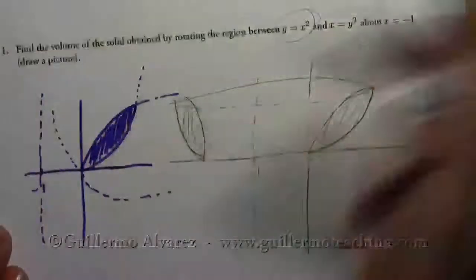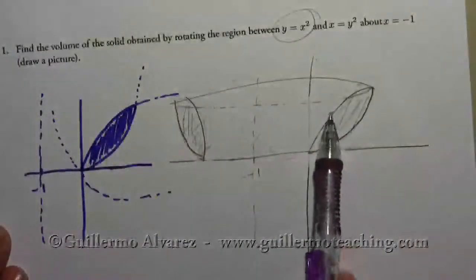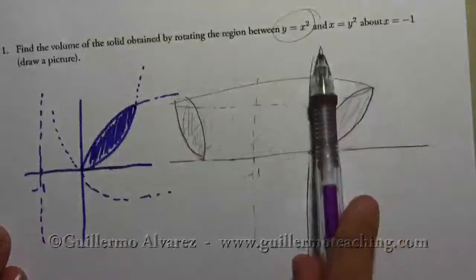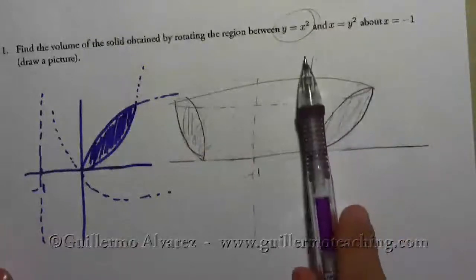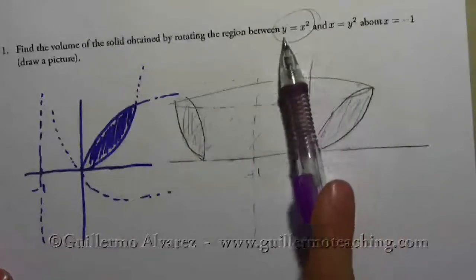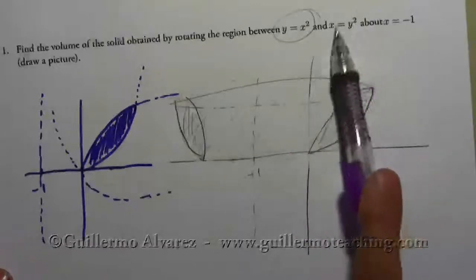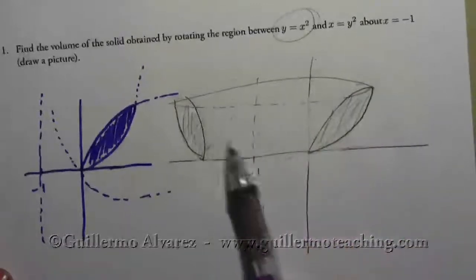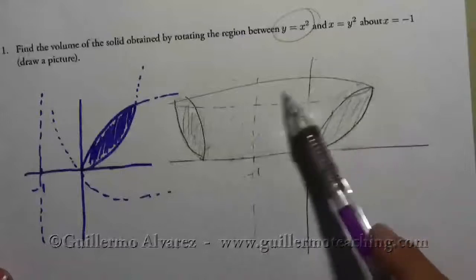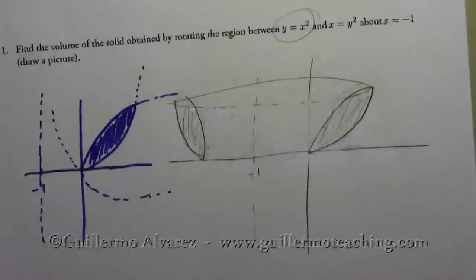So then my strategy becomes, okay, if I could find each one individually, the solid of revolution of this one and then take away this one, then that should give me exactly the solid that I'm looking for. So that's going to be my strategy to go about solving this problem.